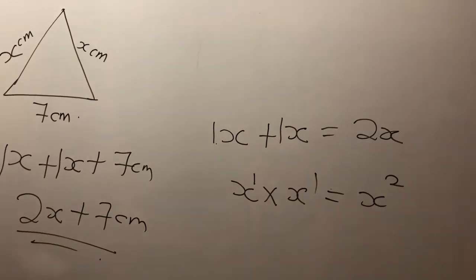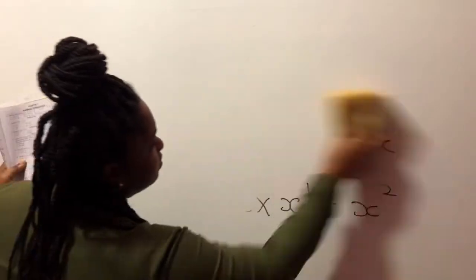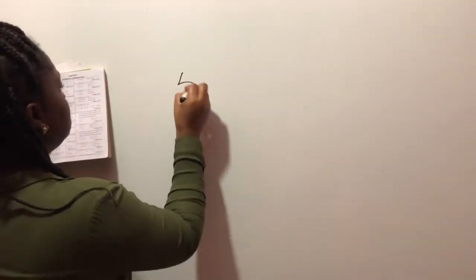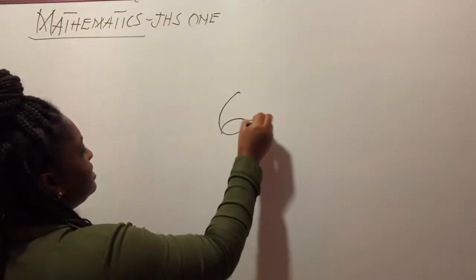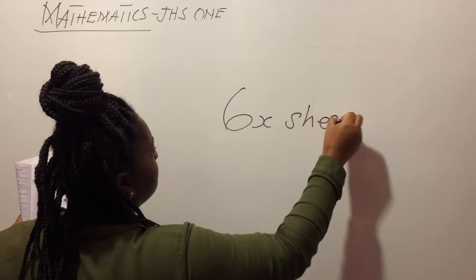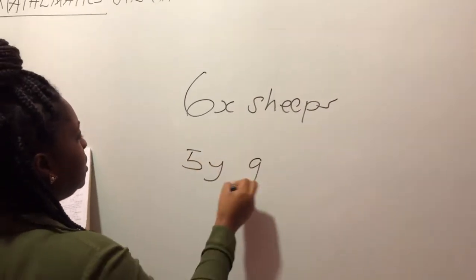Okay, let me pick this next question. I'm picking number 17. 17 is also easy. A man has 6x sheep and 5y goats.